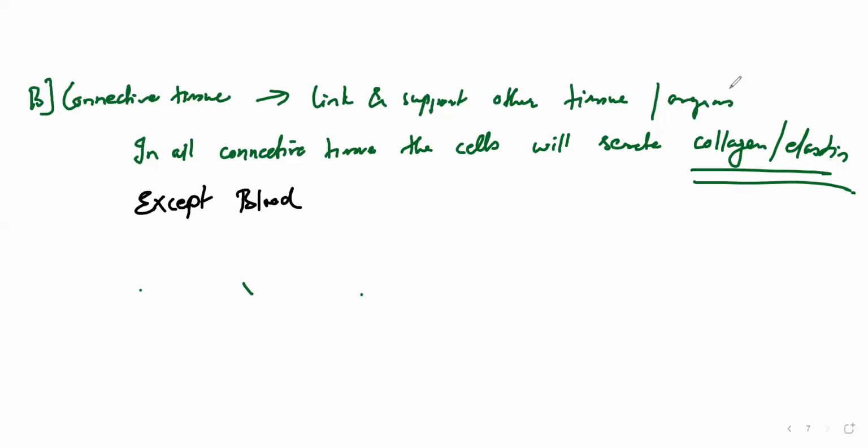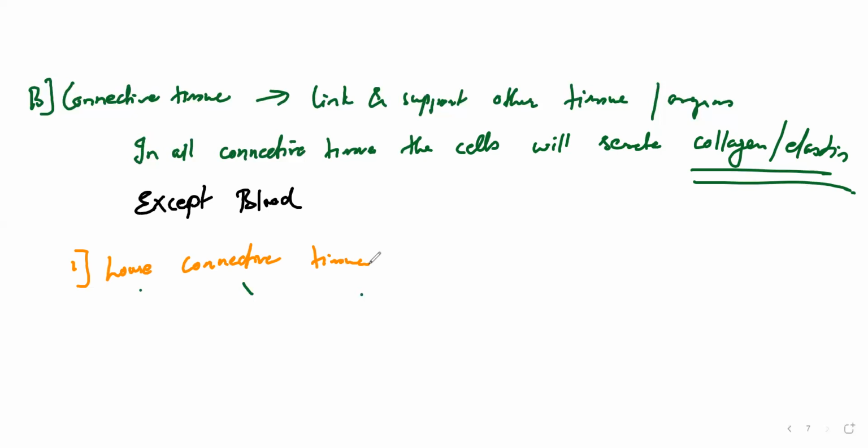So coming towards the classification. The first one is loose connective tissue. Under loose, you have two types, areolar and adipose. Now, what is this loose connective tissue?